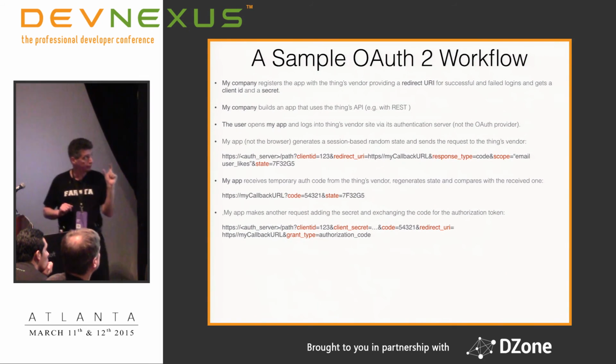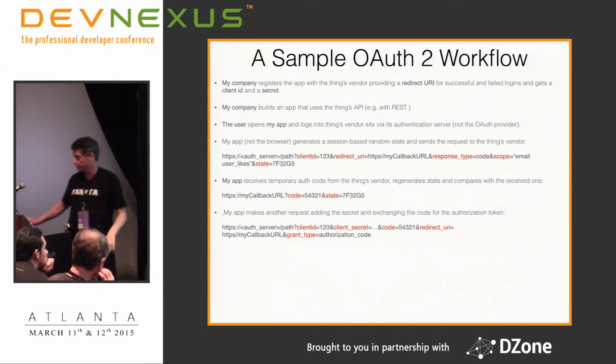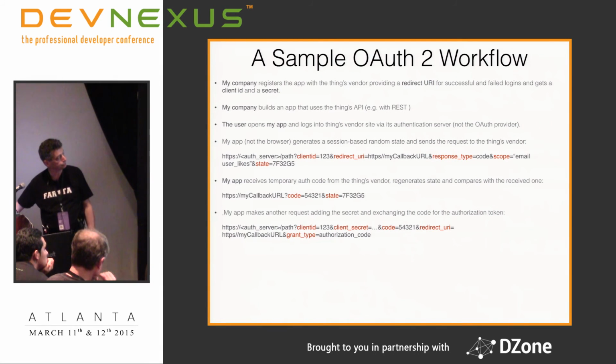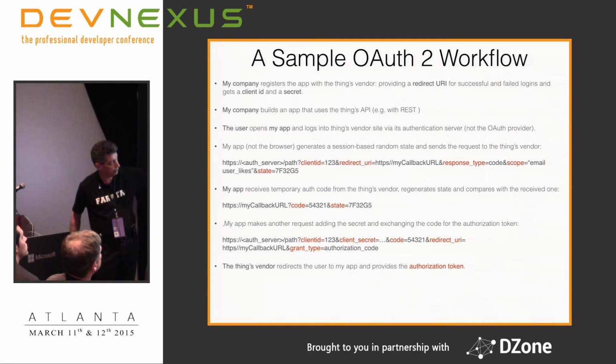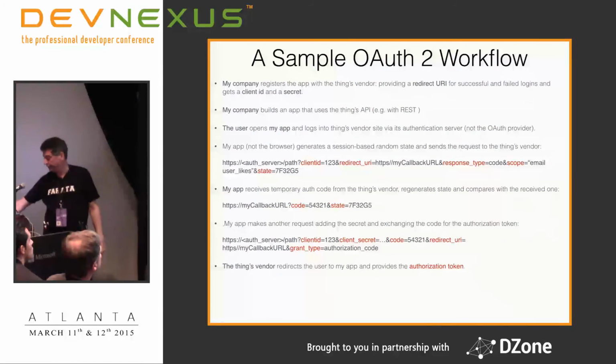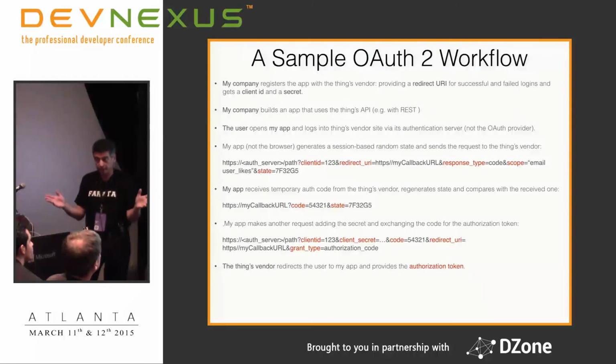From now on, I will be able to take this token, the authorization token, and I can keep it in the session. I can attach it to the URL. I can put it in the header of the request. That's my token. The token can be given to me for a long time, or it can expire.